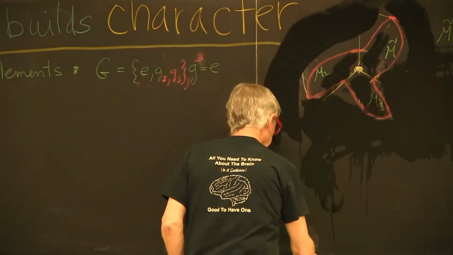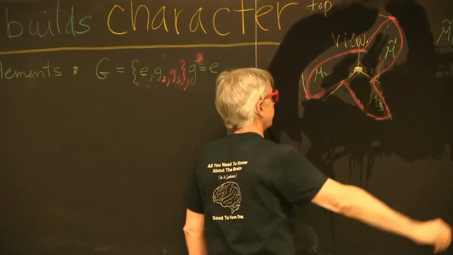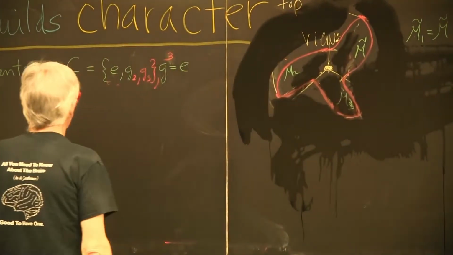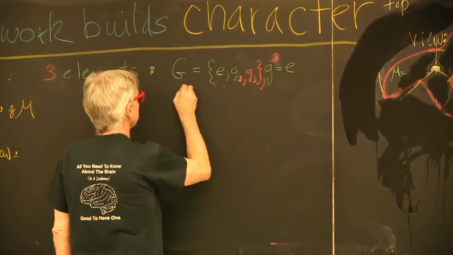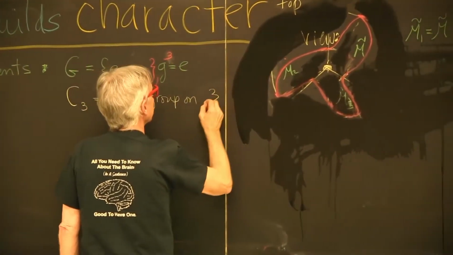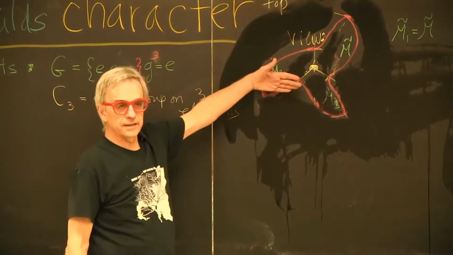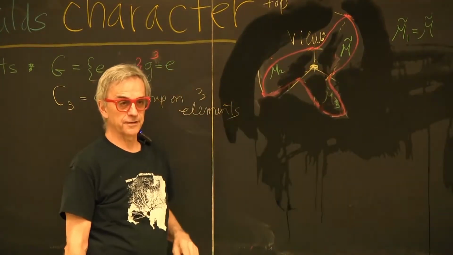This is the top view. Space is covered with 3 copies, 3 blades of a propeller. And the symmetry group is called C3, which is a cyclic group on 3 elements. Now, I can look at this from the side, because these things mix up if I'm looking sideways.